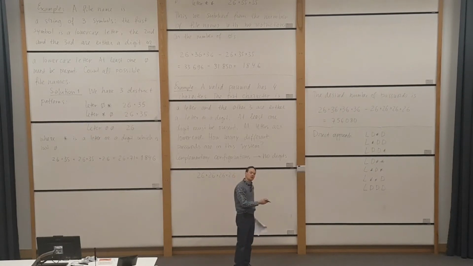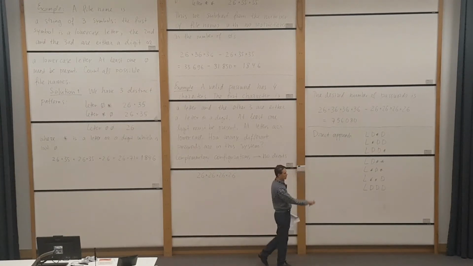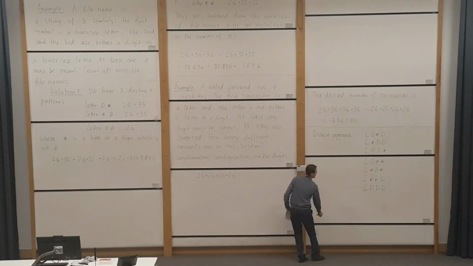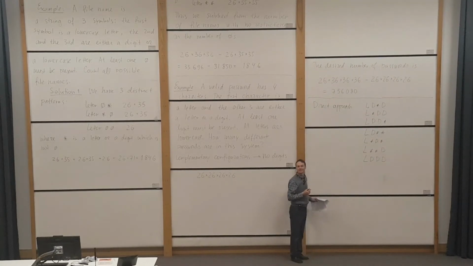For each one, I have to count all possibilities, and at the end of the day, add them up. So you can see that this solution will be a lot longer. Okay? Any questions on this idea, this method? It doesn't have a name, it's just a simple trick, simple observation.